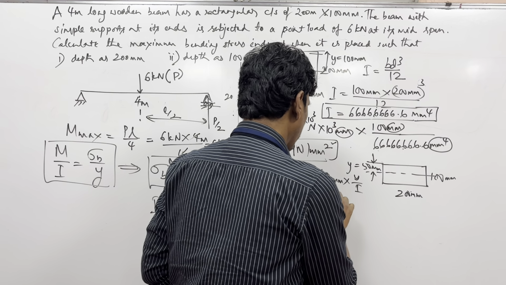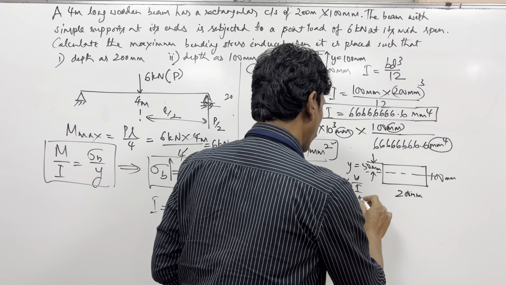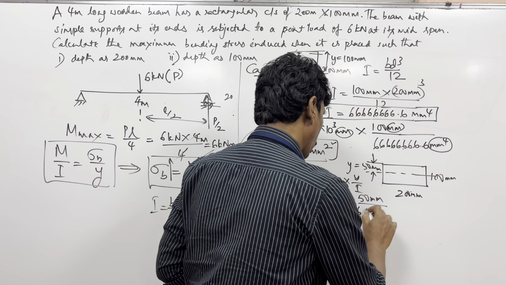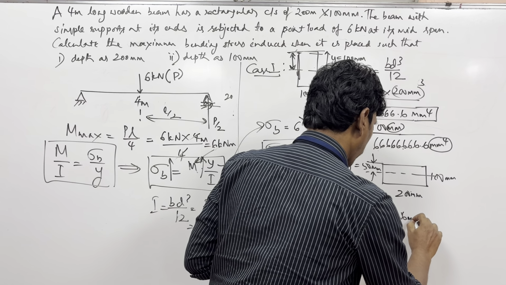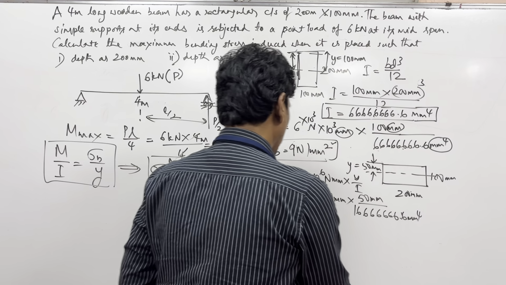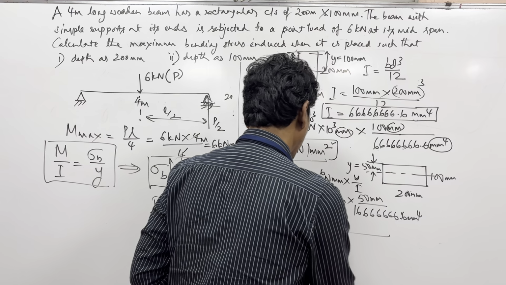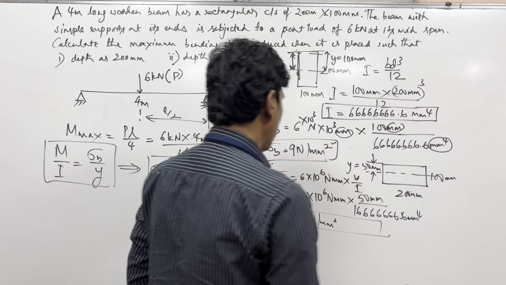So 6 into 10 to the power of 6 Newton millimeter multiplied by y, which is 50 mm, divided by I. So what is the answer here? This is 18 Newton per mm square.